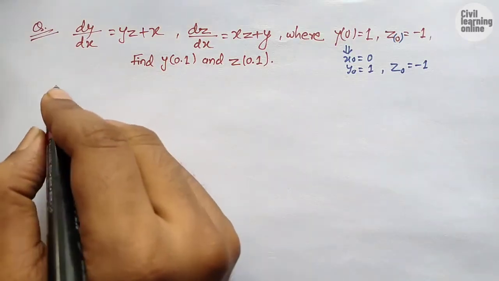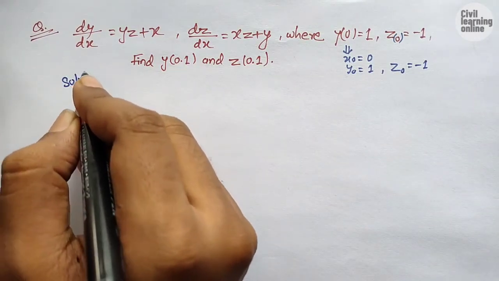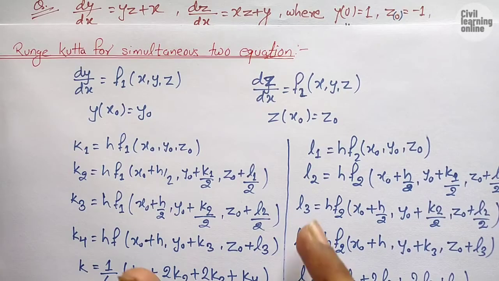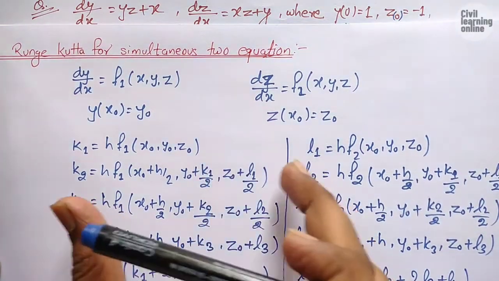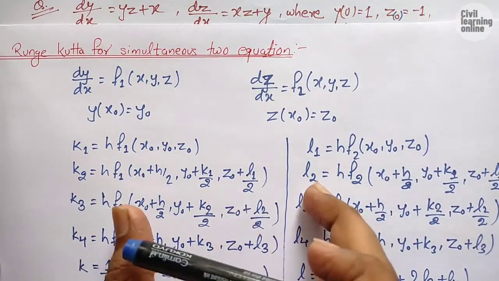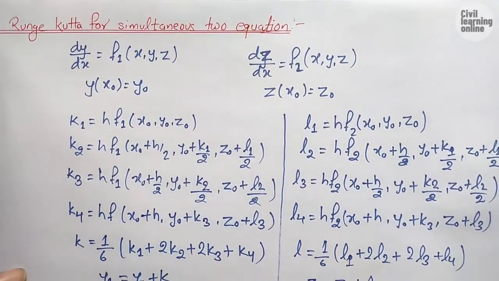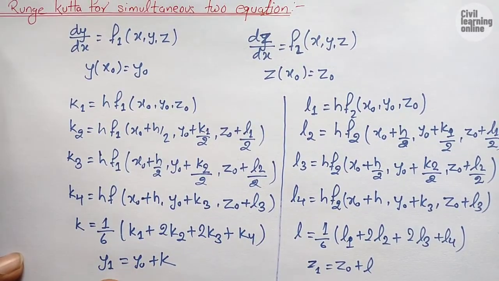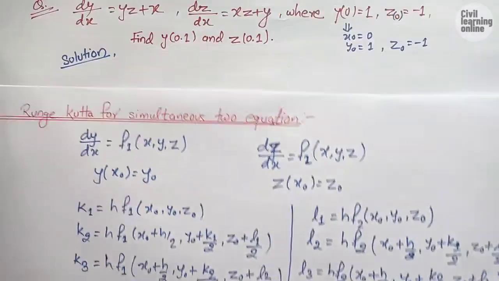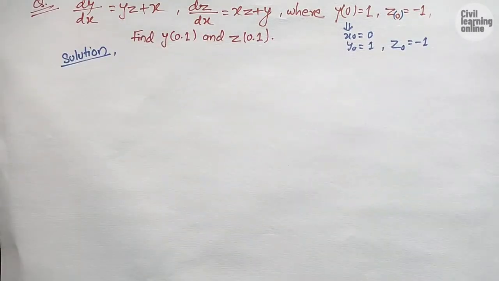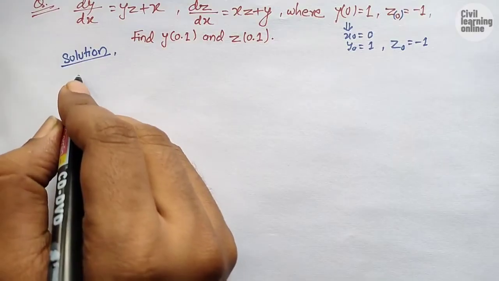So write down here solution. So guys, we need to find out the value of k1, l1, k2, l2, k3, l3, k4, l4, and finally the k and l, and use it in the equation to calculate the final value for y1 and z1. And according to these formulas, let us find the value of k1 first.